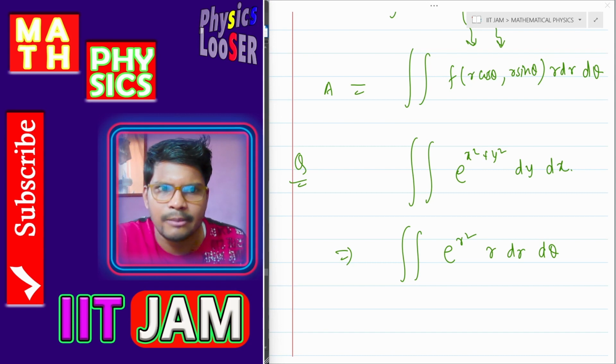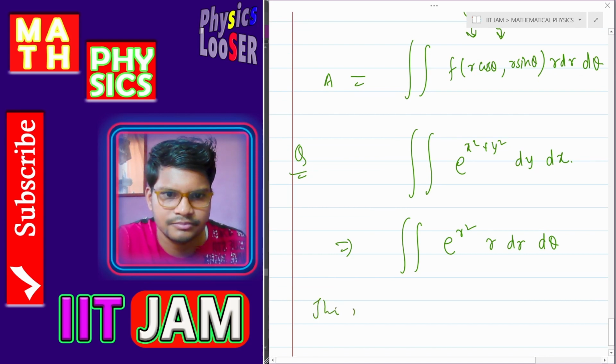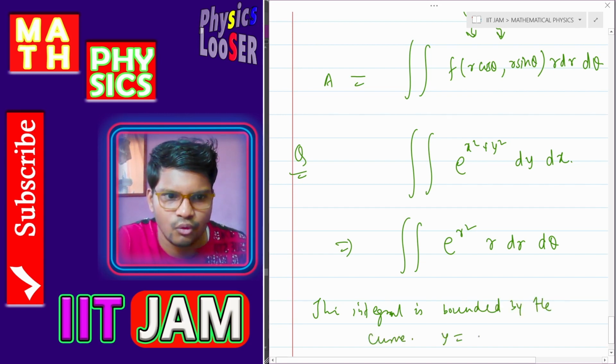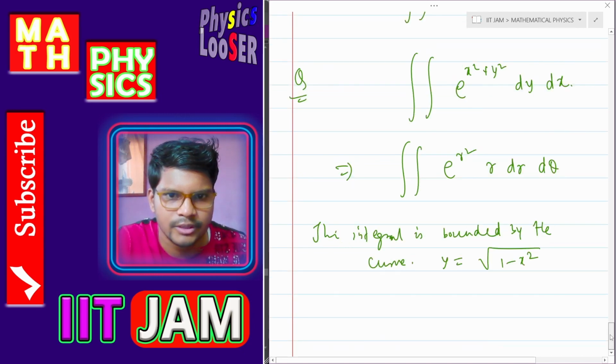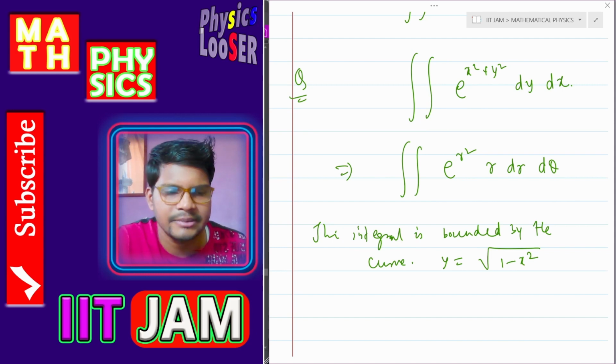Now they have already said that this integral is bounded by the curve y is equal to the square root of 1 minus x square, and this region is a semicircle.